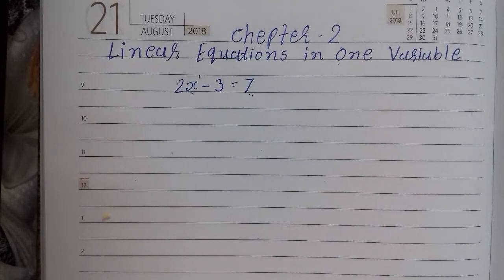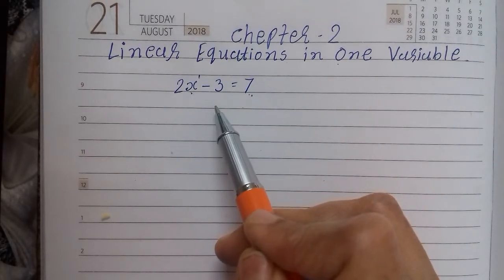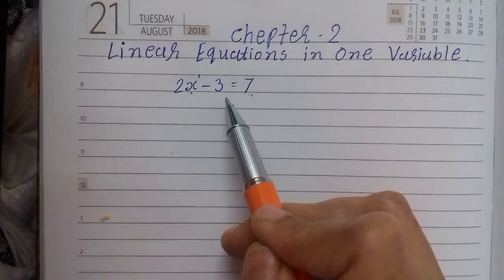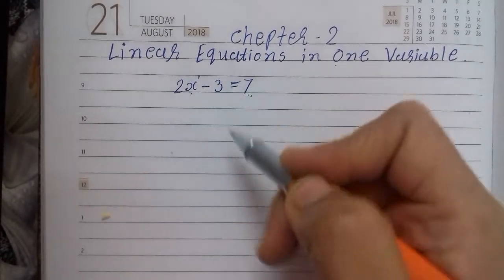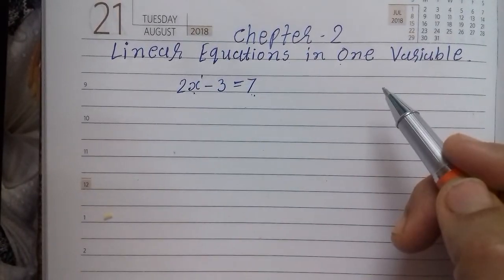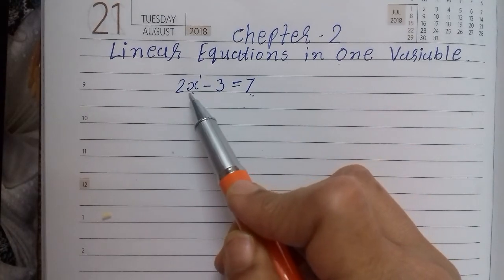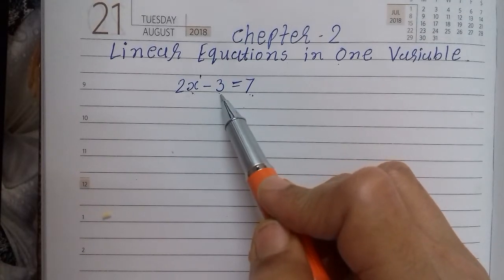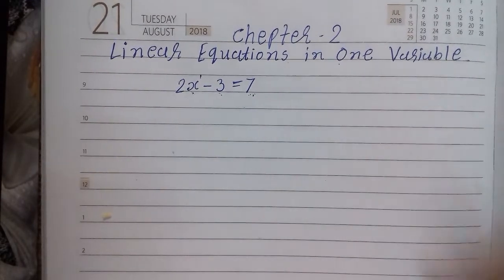An algebraic equation is an equality involving variables. It has an equality sign, this equal. The expression on the left of the equality sign is the left hand side, and the expression on the right of the equality sign is the right hand side.